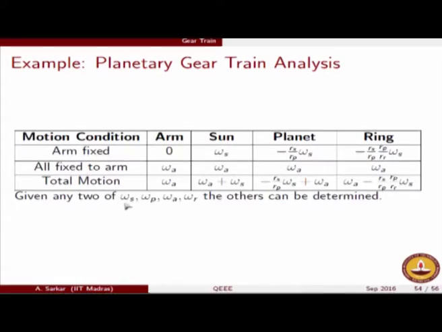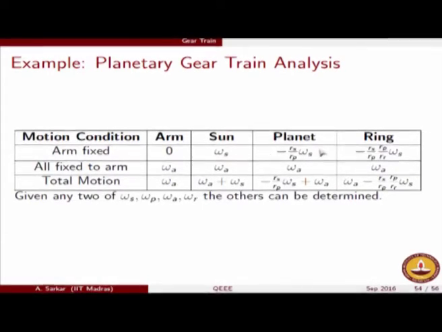So given any two of these four motions, the other two can be determined. So if you give me omega a and omega s, I can solve for both. If you give me omega a plus omega s and omega a minus rs by rp omega s, then I can again use two simultaneous equations to just solve out this problem.